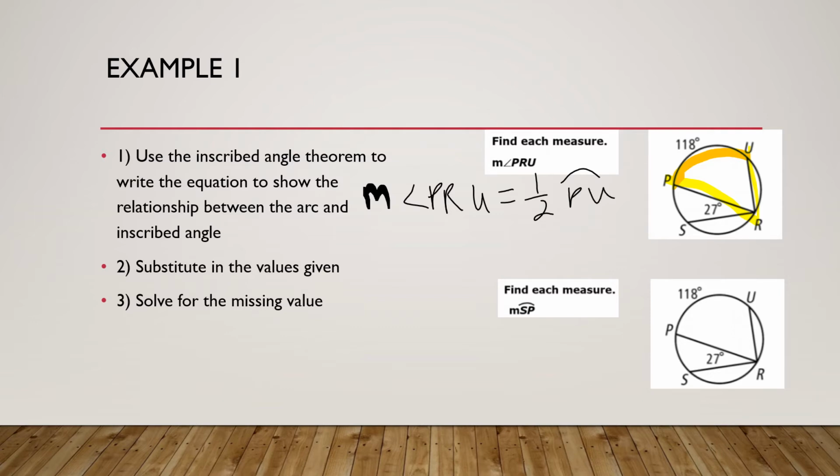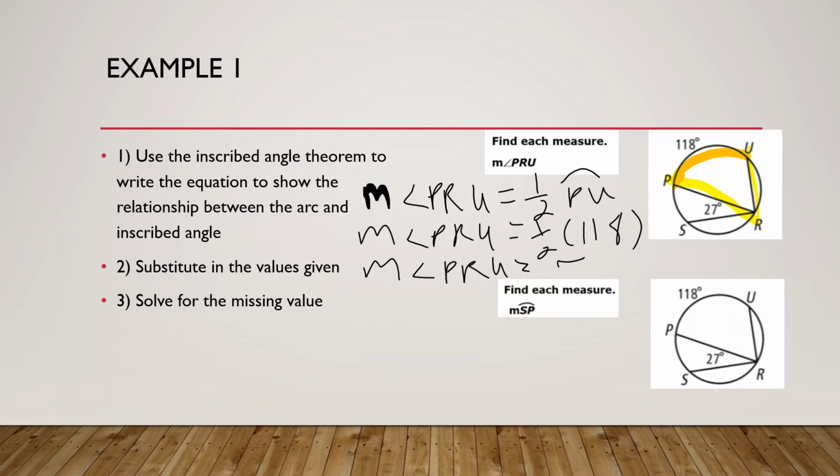Then we would fill in our values. We don't know the measure of PRU, and it is equal to half of PU, which is 118. And then we would do the math. The measure of angle PRU is equal to half of 118 degrees, which is 59 degrees.